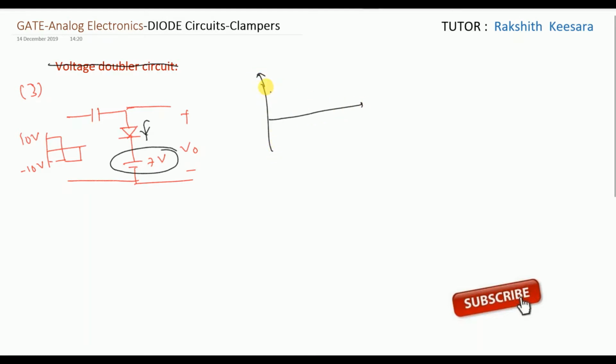So let this be 7 volt. Below this we should draw this waveform. So what will be this point? Since it is 7, it will be minus 3. Since it is minus 3, the end point will be minus 13.